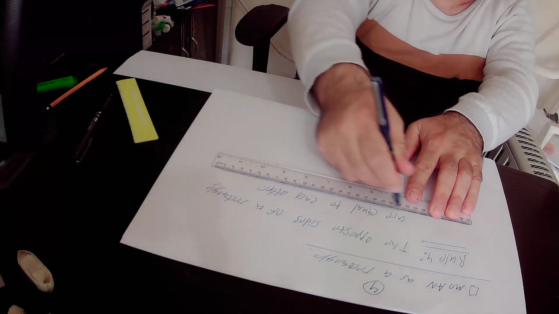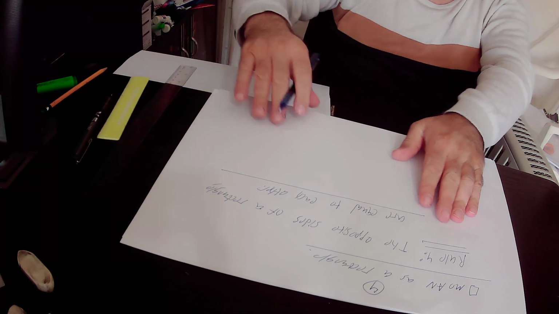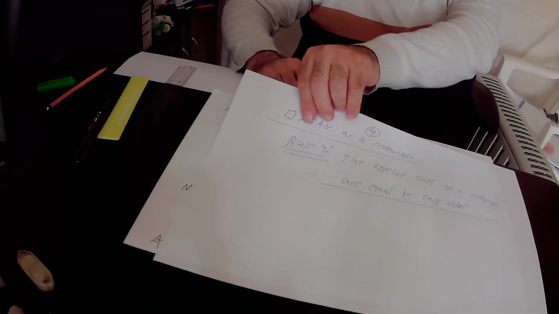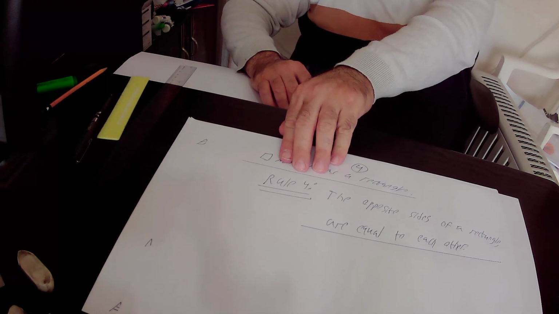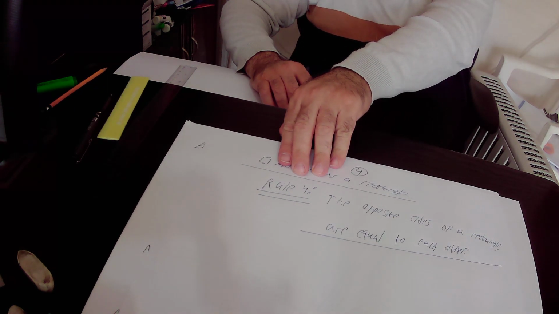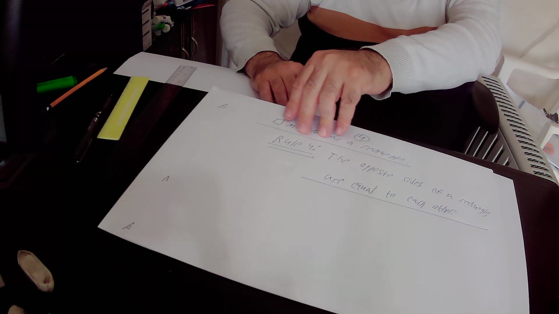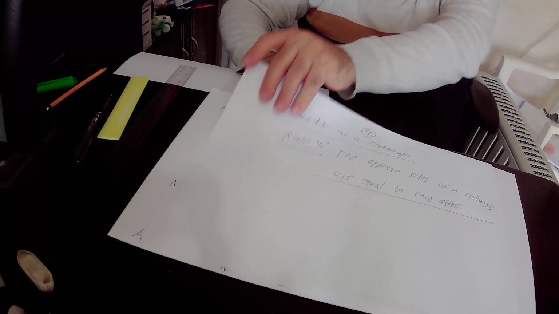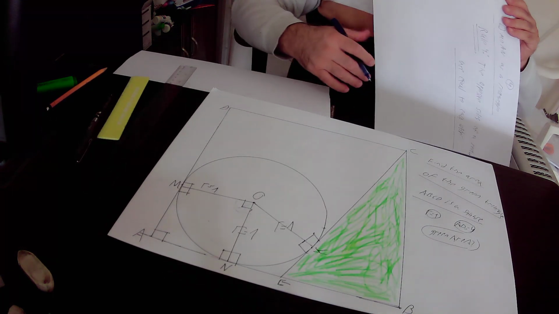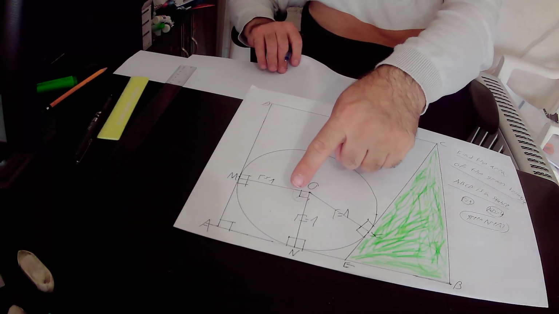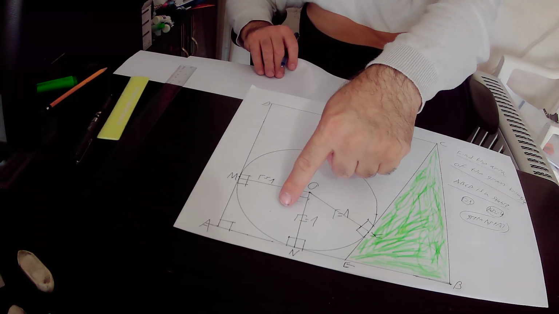I will repeat again on rule number 4. According to rule number 4, the opposite sides of a rectangle are equal to each other. So we'll focus on rectangle MOAN.